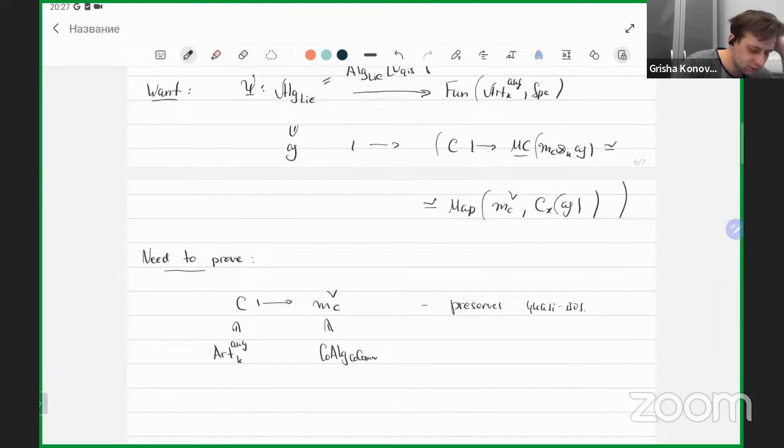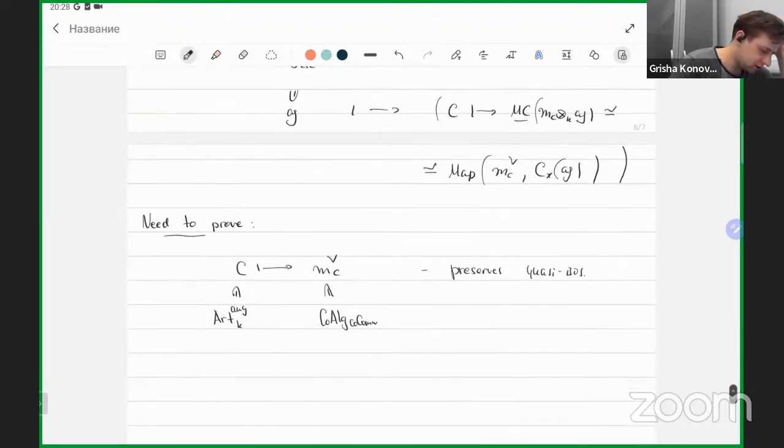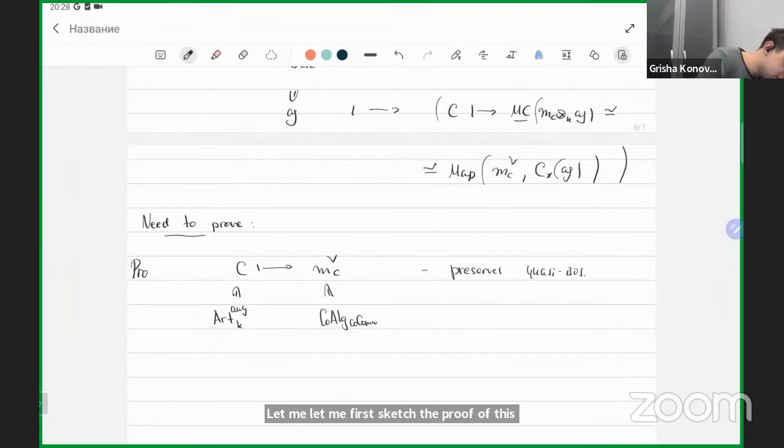And before we can do that, let me first sketch the proof of this. Let me state it as a proposition.